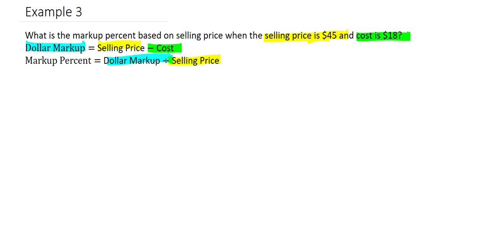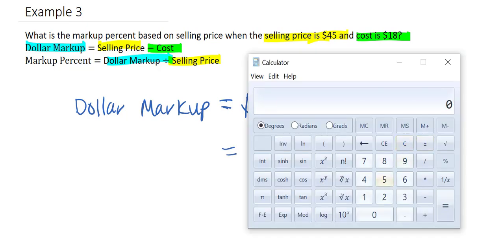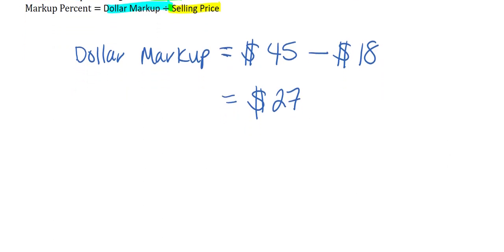So let's solve for dollar markup first, so then we can solve for markup percent. So we have $45 minus $18, and we get $27.